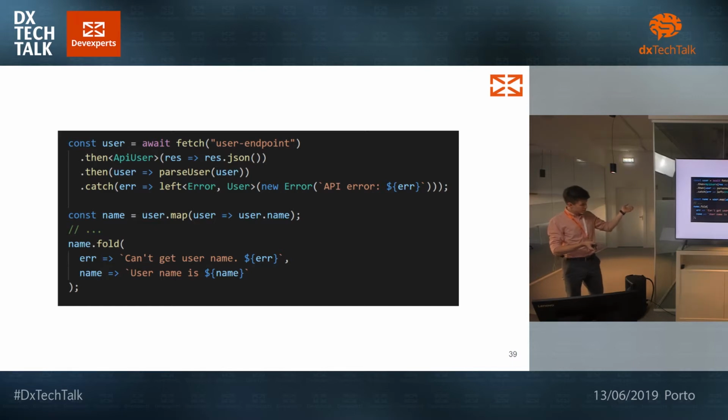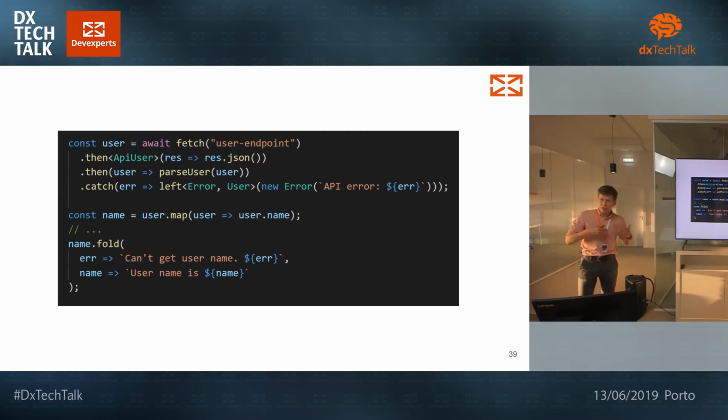Here, we can have catch in our promise and just return left instance in case of any errors. So the whole process, like mapping and folding, is almost the same as with option, but now fold accepts function as a first argument because we now have value inside the left part.